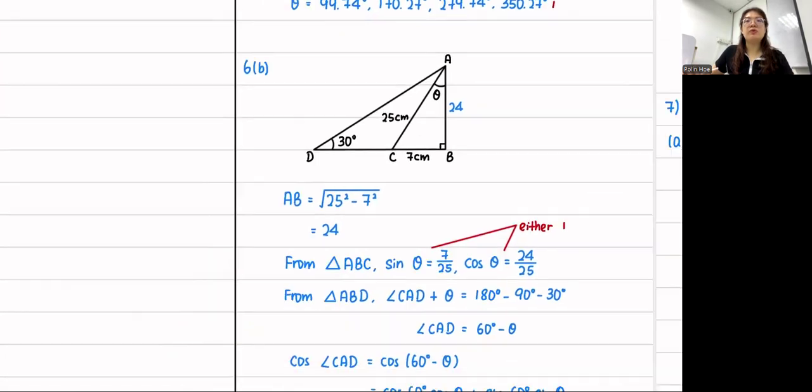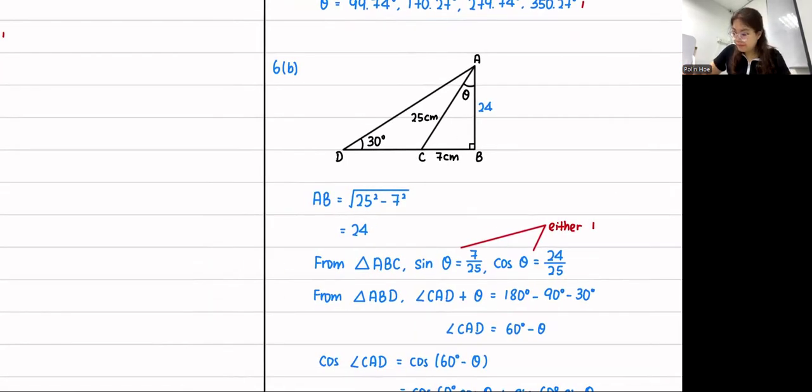Now, the next step is to look at the big triangle. This is also a right angle triangle, 180 degrees in total. So which means 1 angle, 2 angles, 3 angles, plus everything, I get 180 degrees. So this angle will be angle CAD plus theta, this is the name.